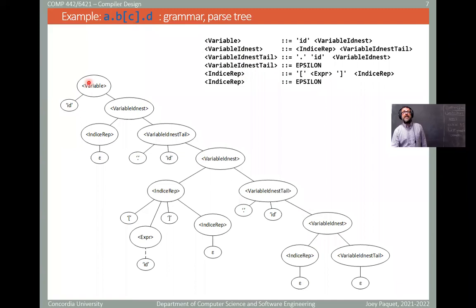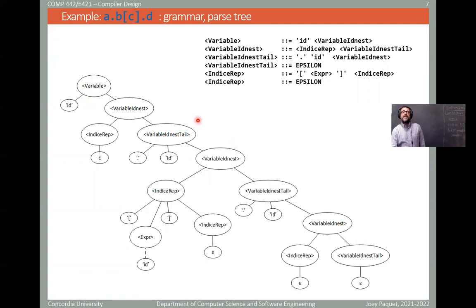So essentially, you have ID dot ID, that's the A dot B, and then the C between the square brackets, and then the D here, and that's the end of the list. Note that you can also have the empty list here. So if there's no index list, for example for A and D, then you would have the empty list here, right? So this is the parse tree that is generated by this.